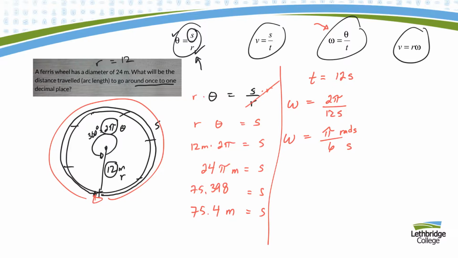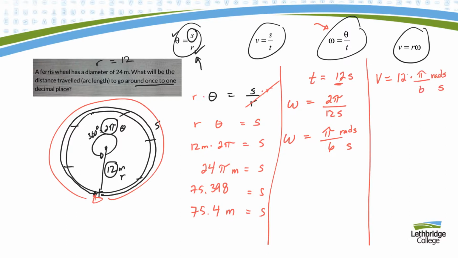And if we wanted to go a little further, we could actually figure out your velocity, how fast you're going. So the radius is 12 times, I shouldn't have used the same number as the radius for the time, whatever. And your angular velocity is pi over 6 radians per second.